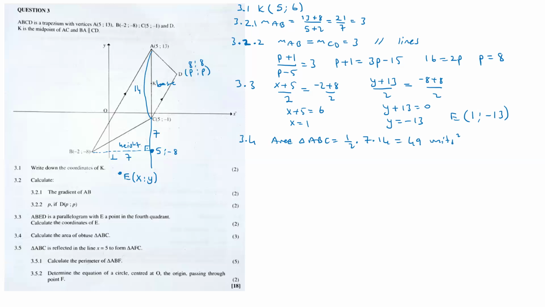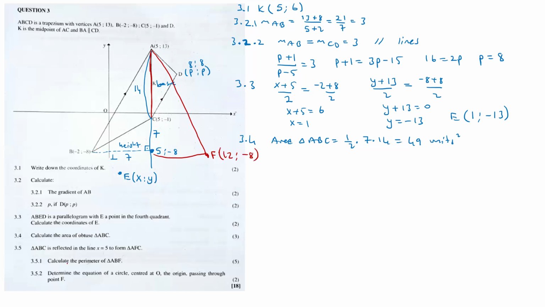So we can work out AB squared in this triangle. Let me also draw the reflected part. This is the line x is equal to 5. If you reflect ABC, you get the reflected part here. That's going to be F. So the coordinates of F will be 7 units away from 5, which would be (12, -8).